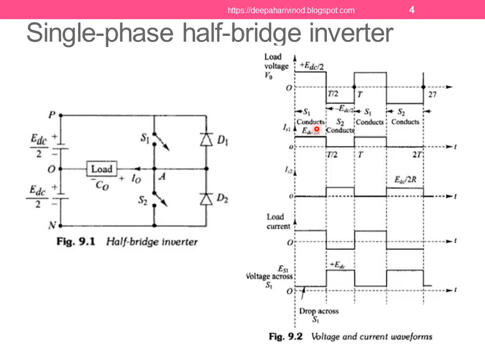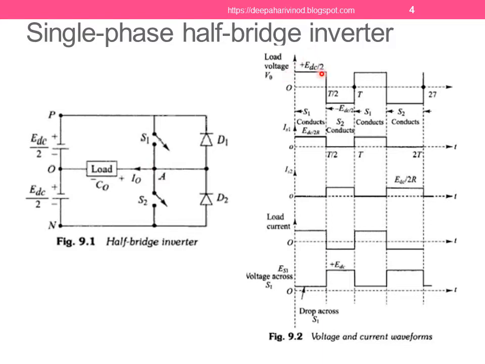When S1 is closed for T by 2, it connects point P of the DC source to point A, and the output voltage is plus EDC by 2.